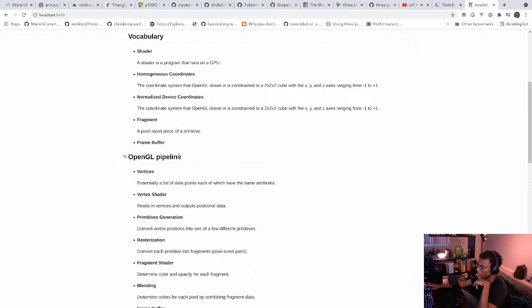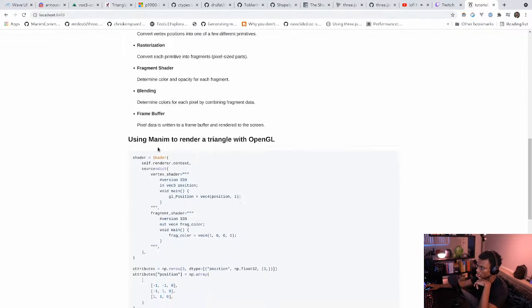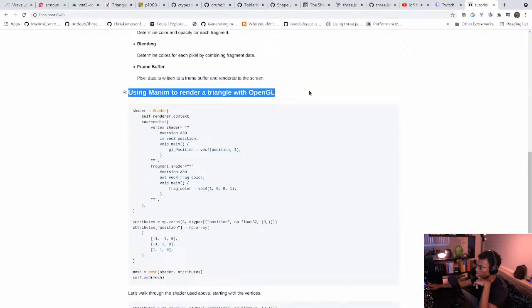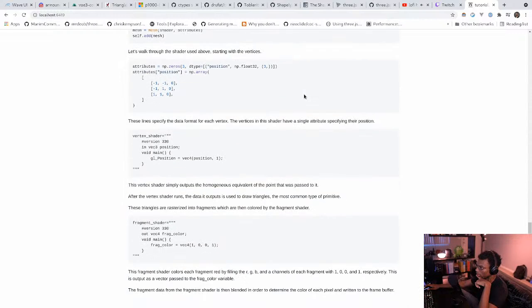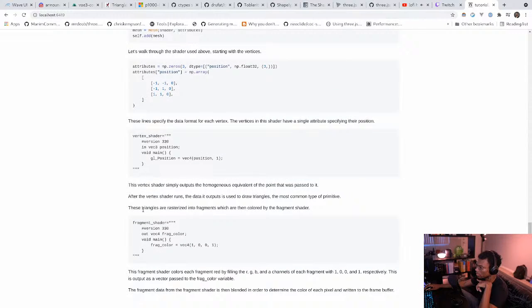So here we have some vocabulary with the OpenGL pipeline, for the example using Madam to render in OpenGL. Let's just go through the attributes. The vertex shader. Primitive generation, rasterization, fragment shader.